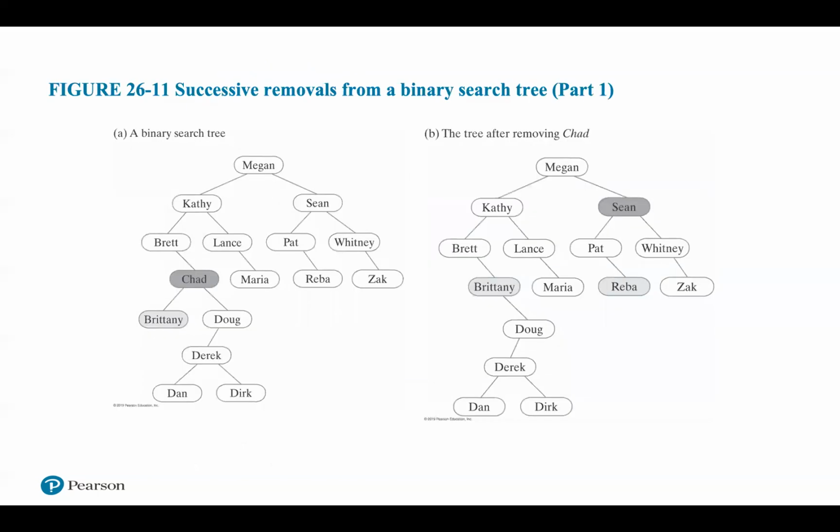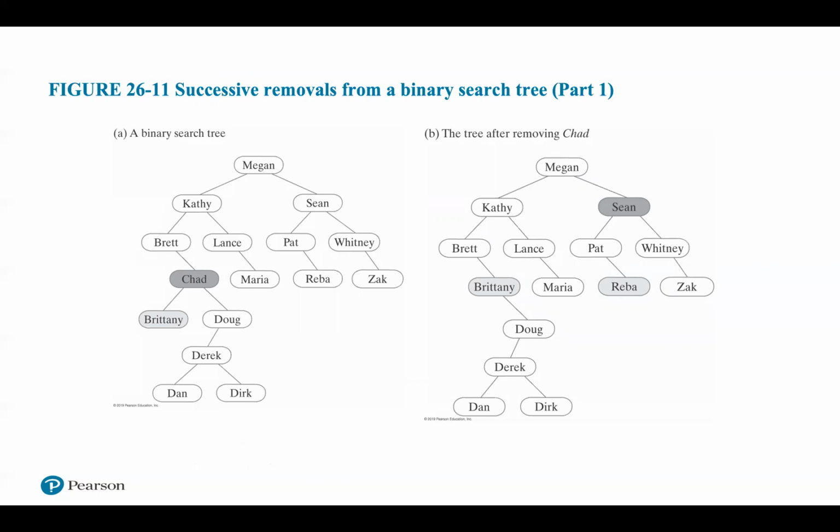So let's consider an example. Figure 26.11 shows several consecutive removals from a binary search tree of names. The first algorithm given in the previous segment is used. To remove Chad from the tree in Figure 26.11a, we replace it with its in-order predecessor, Brittany. We then remove the node that contains Brittany to get the tree in Figure 26.11b.